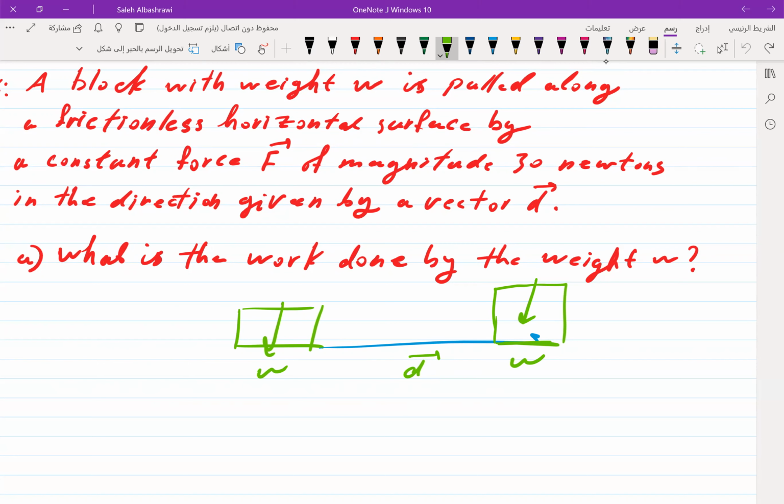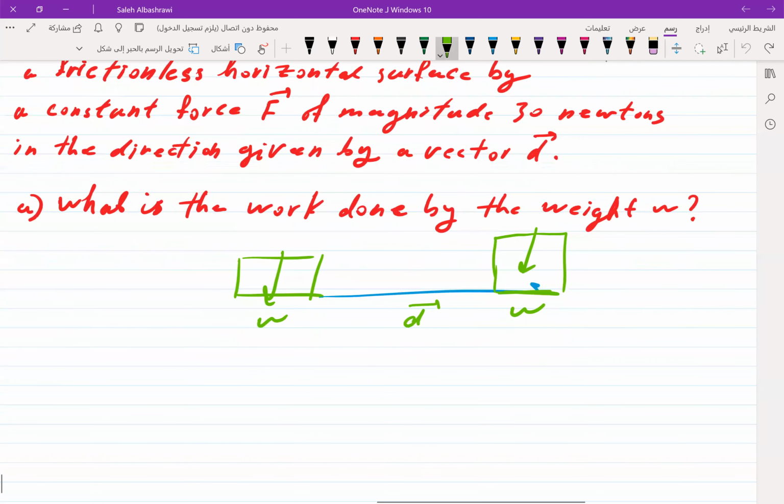And we know that the direction of the weight is going down, but the direction of the D is horizontal. So the angle between D and the weight of the object is 90 degrees. They are perpendicular. Because it's mentioned in the question, the surface is horizontal and the weight is directed down.